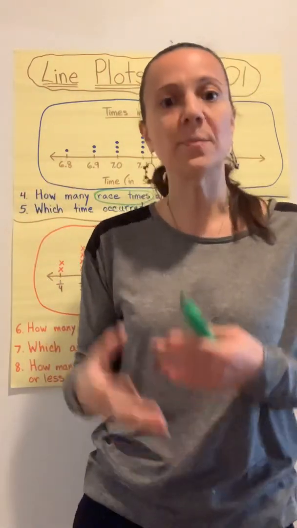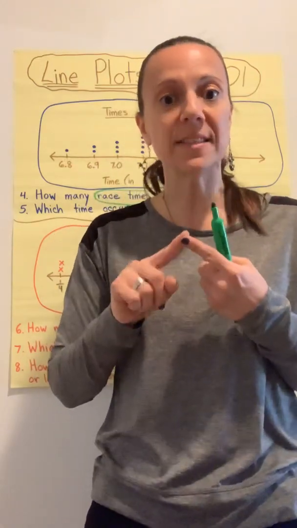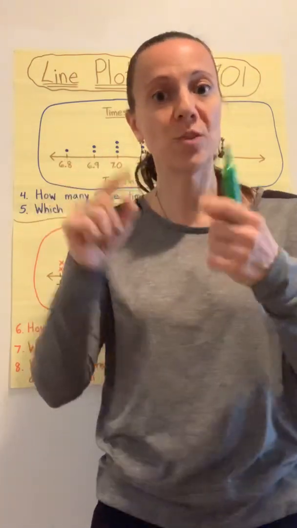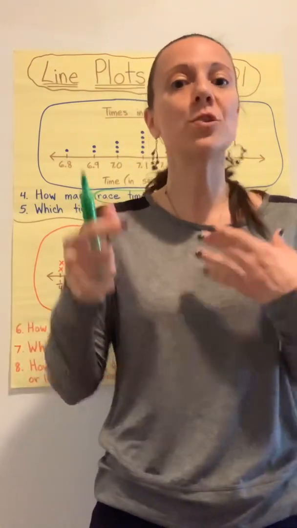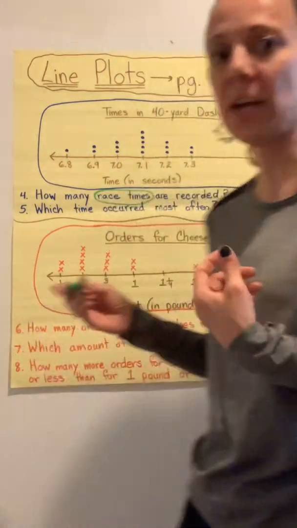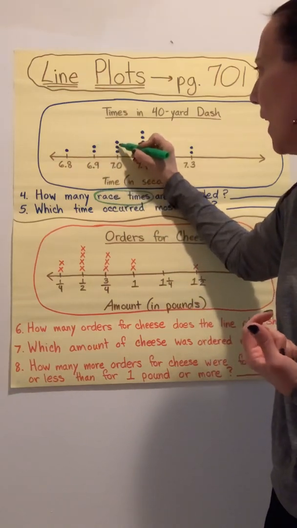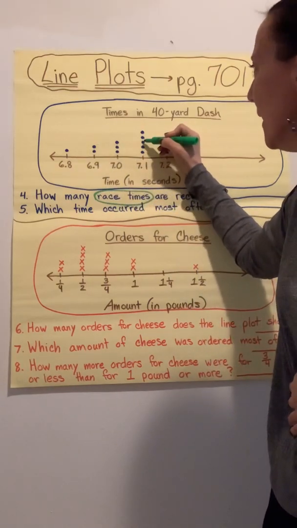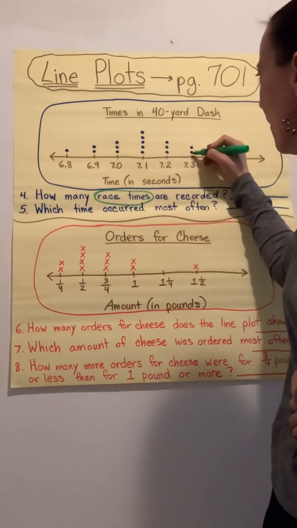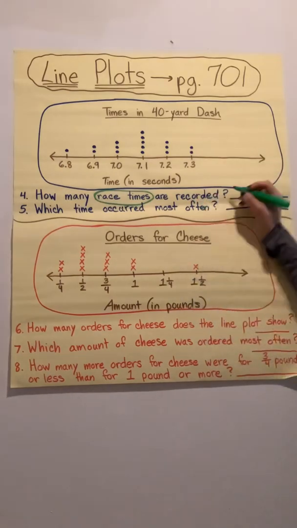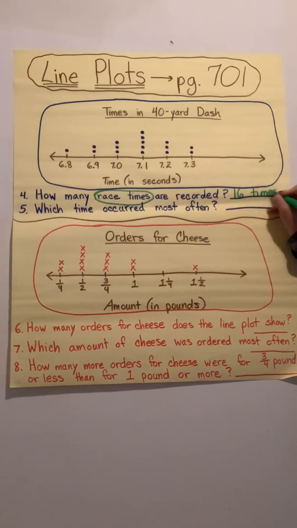We're going to answer this by looking at the dots and counting up the dots, because each dot stands for one time that was recorded. So if I want to know how many race times were recorded altogether, I need to count up all the dots. So let's check it out. 1, 2, 3, 4, 5, 6, 7, 8, 9, 10, 11, 12, 13, 14, 15, 16. Altogether, 16 times are on the graph.